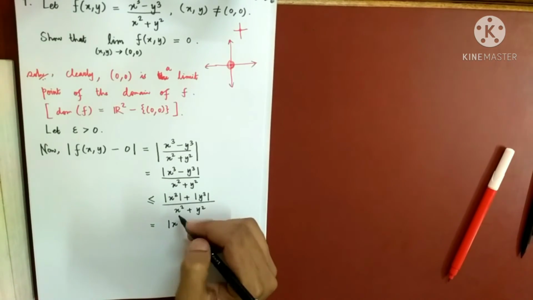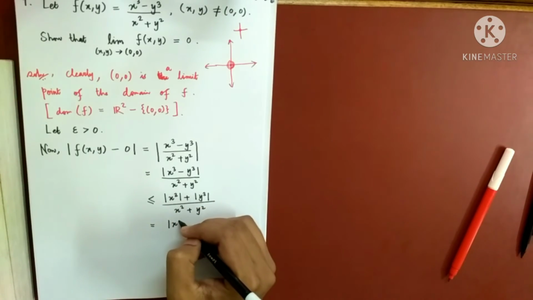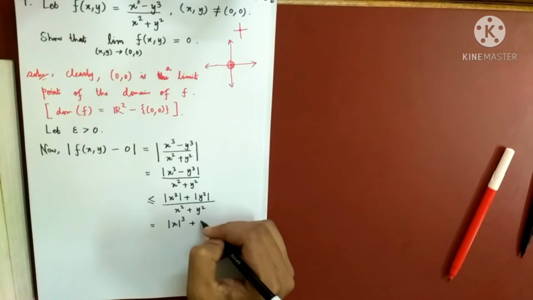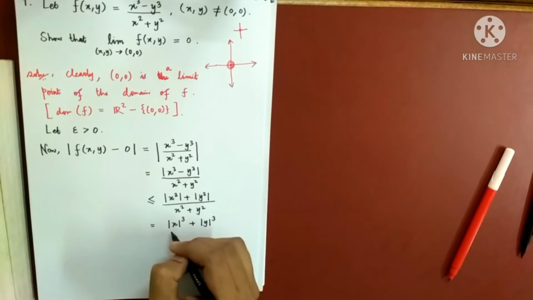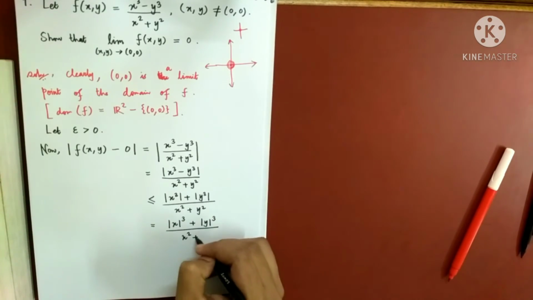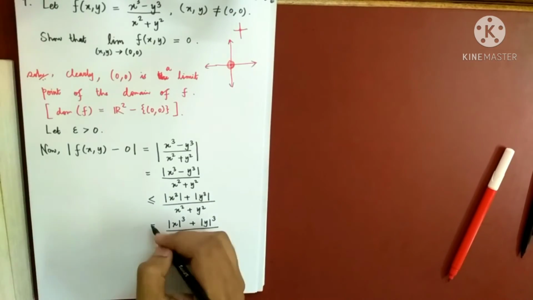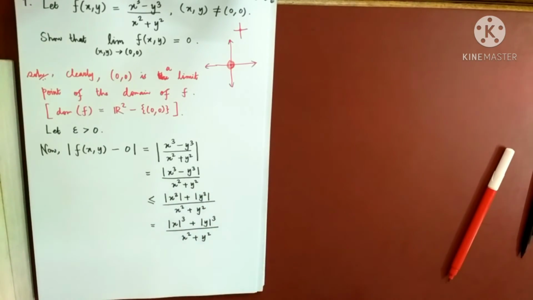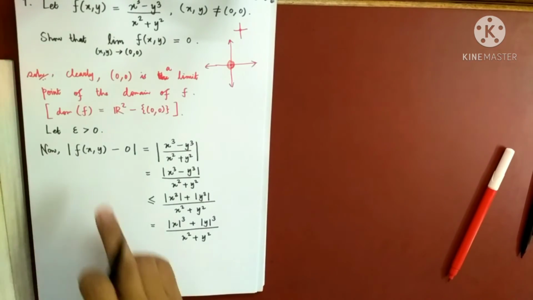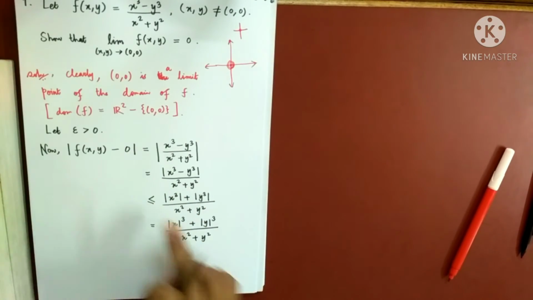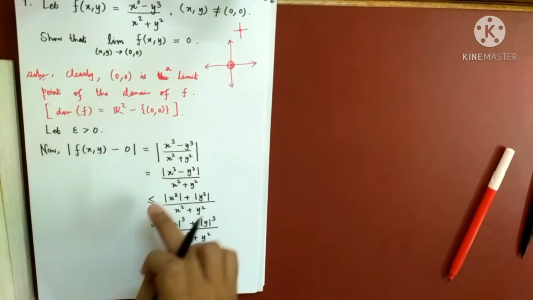Modulus of x³ can be written as mod x whole cube plus mod y whole cube by x² plus y². You cannot write here lesser equals to because these two lines are exactly same. Clear? So this quantity is eventually lesser equals to this quantity because these two are same.